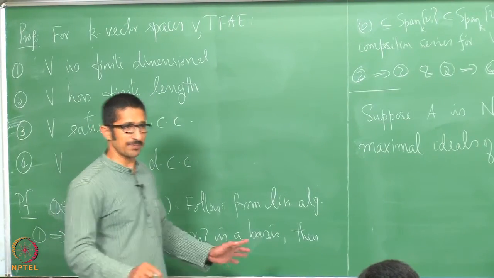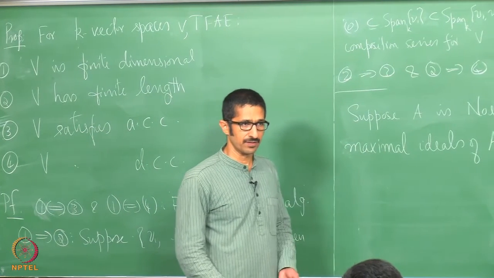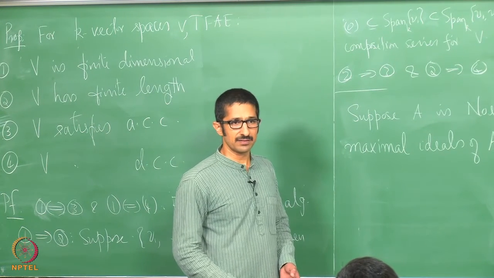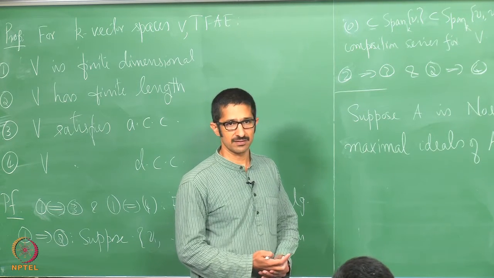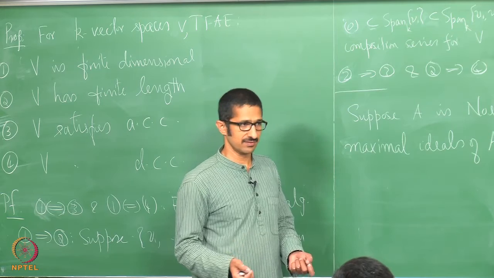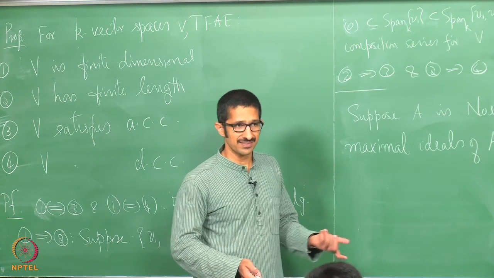The product of the maximal ideals is 0. For example, suppose you take Z6. What are the maximal ideals of Z6? 2 and 3. The product is 0.